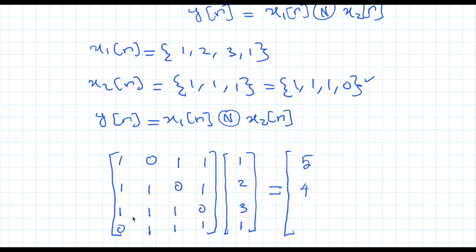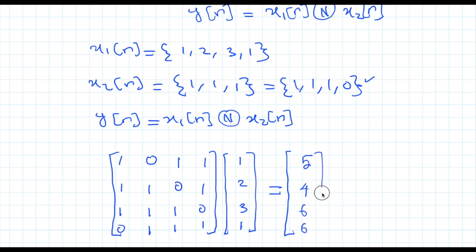For the third row, you add the first 3 values, as the last value is multiplied with 0, so 1 plus 2 plus 3 would be 6. Then the last one is 1 1 1, where you omit only the first one and add the other 3 values, so 2 plus 3 plus 1 is again 6.